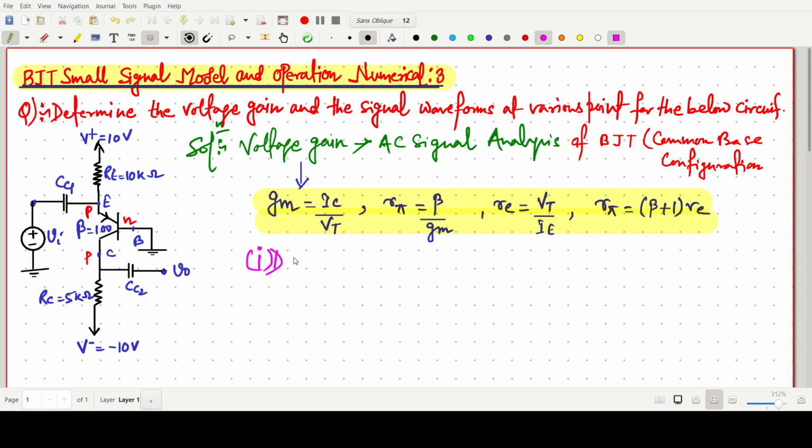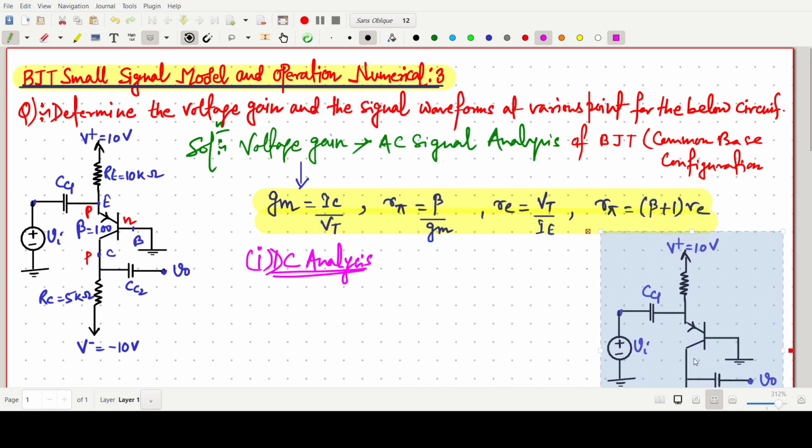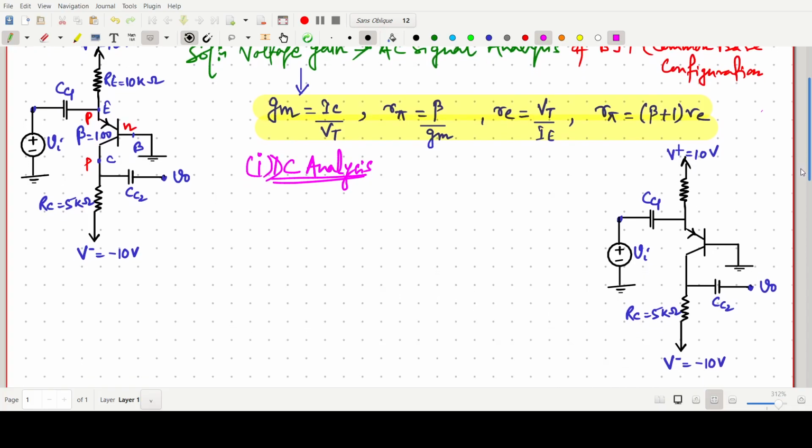First thing, we have to go for the DC analysis of this circuit. It's a very important problem from the microelectronics book. So first of all, I am going to draw this circuit again for the DC analysis. The very first step is to remove the supply.